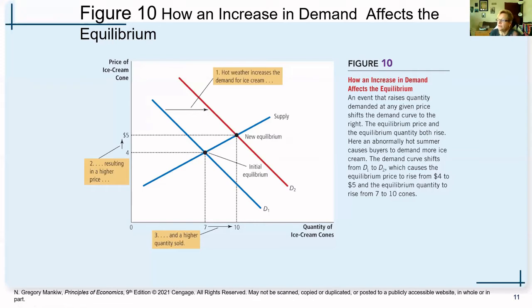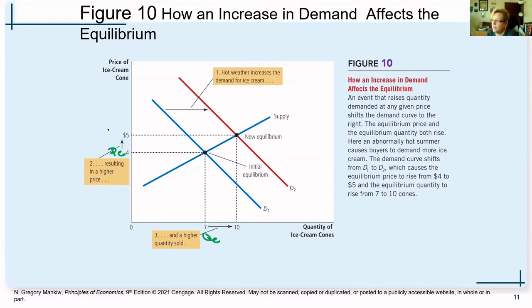Okay, so here's a very nice looking graph. And again, notice we start off here at our original P sub E at $4, Q sub E or quantity equilibrium at 7. Hot day, that causes the demand curve to shift out.